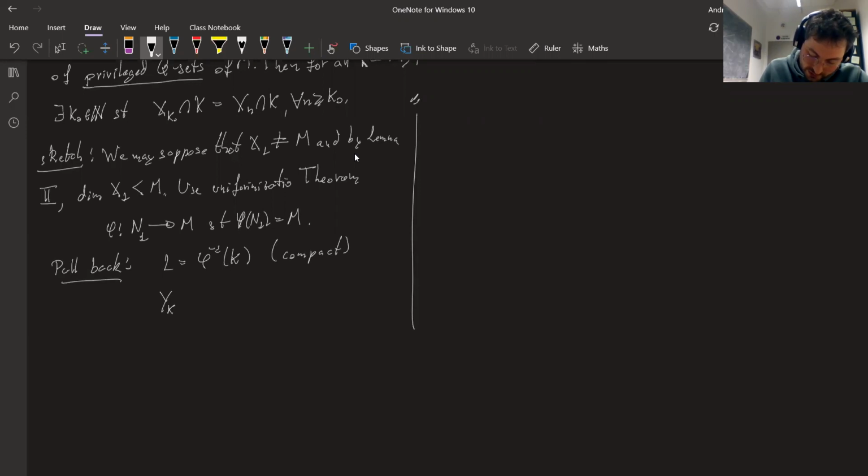And we consider Y_K equal to phi minus 1 of X_K for all K. It's again privileged because you can just pull back the ideal sheaf, and apply induction on the dimension, since the dimension of N is smaller than the dimension of M.